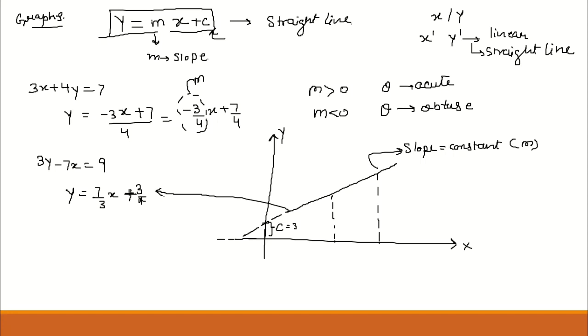Whenever it is making the angle theta and that theta is acute, then m is greater than 0, a positive slope, because tan theta, when theta is less than 90, means in the first quadrant, right? So the slope will be positive, the value will be positive. In the first quadrant everything is positive. But if we come to tan theta and theta is obtuse, then in the second quadrant the slope will be negative.